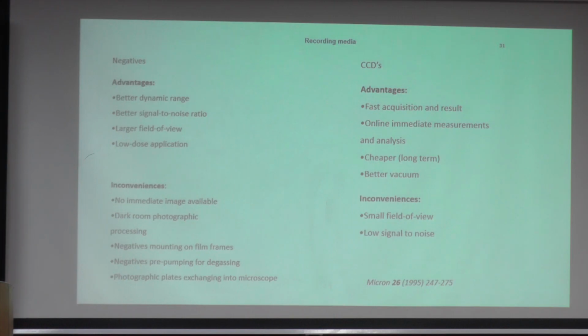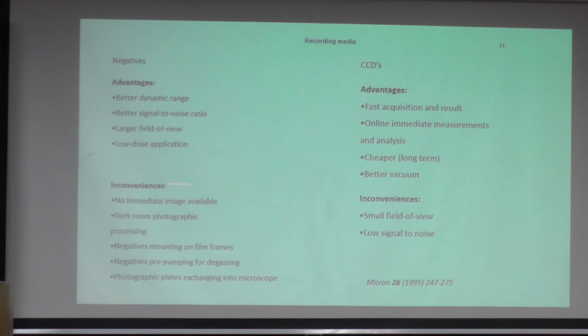Of course, the negatives have the advantages of better dynamic range, better signal to noise ratio, larger field of view, and low dose application. The advantages of CCDs are fast acquisition and results, online measurement analysis, cheaper in the long term, and better vacuum.